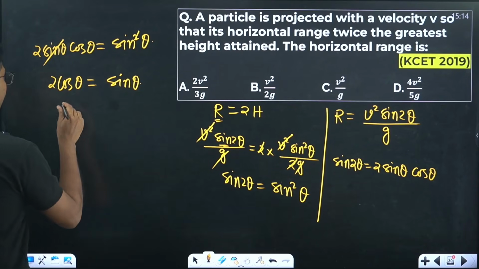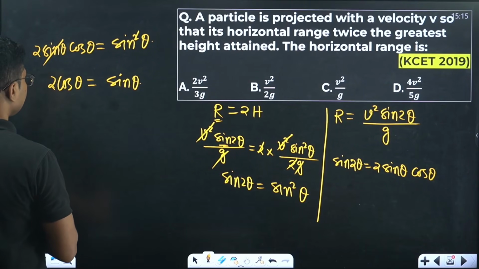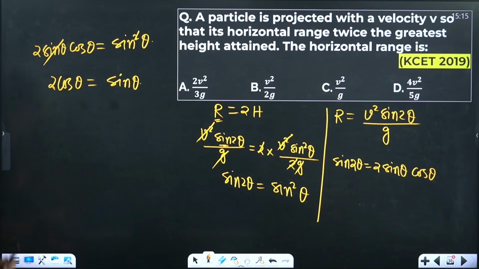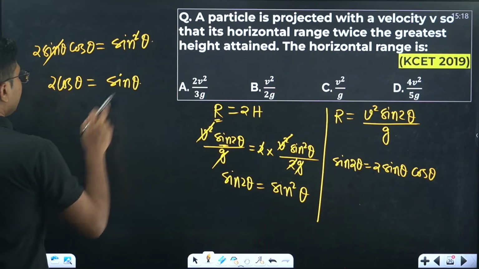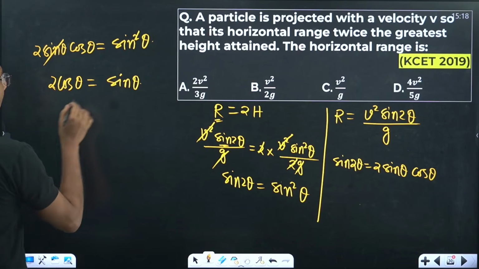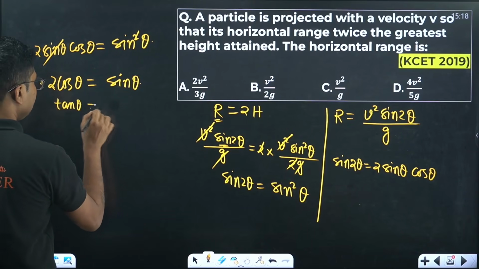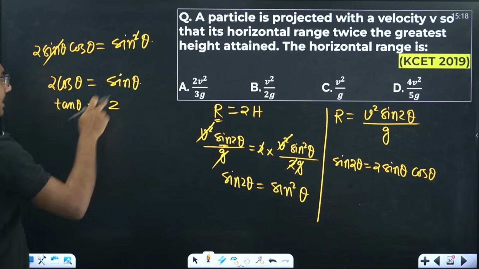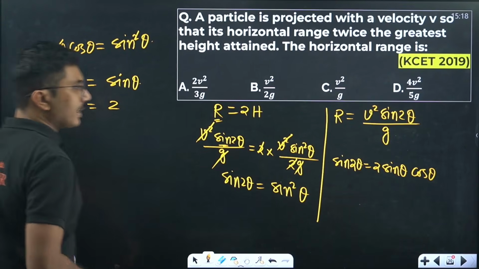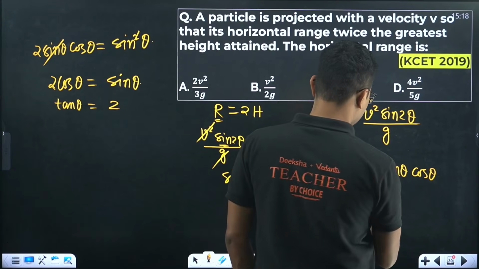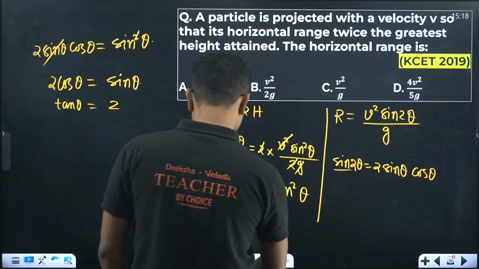Now let's see. From here we can find tan theta. Obviously tan theta equals 2, since sin theta by cos theta is tan theta. Now we are trying to find sin 2 theta.